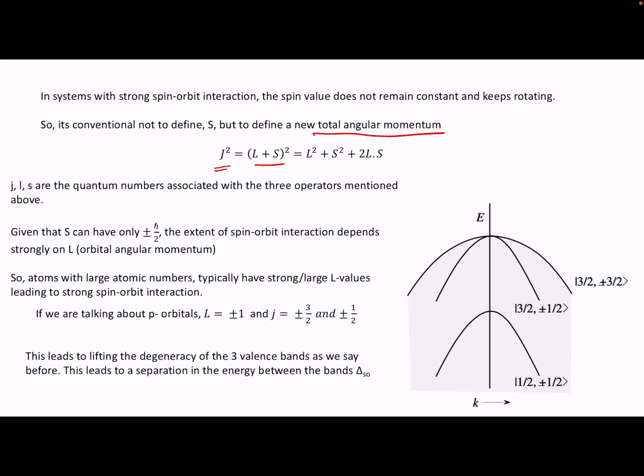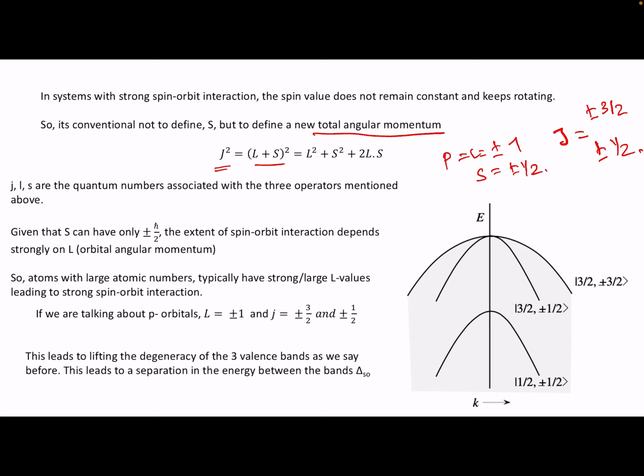If we take the example of a p-type valence band, L is equal to plus or minus 1, and spin is plus or minus 1/2, right? So basically J can have plus or minus 3/2 and plus or minus 1/2.